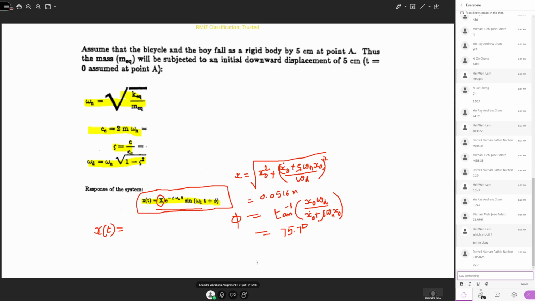I'm not reproducing this, so I expect all of you to write down the final response, incorporating the values of the magnitude capital X, the damping ratio eta, the natural frequency, omega d, the damped natural frequency, and phi. So incorporate all the numerical values. Except time t, all other things you know. So you can calculate how the response varies with respect to time t.